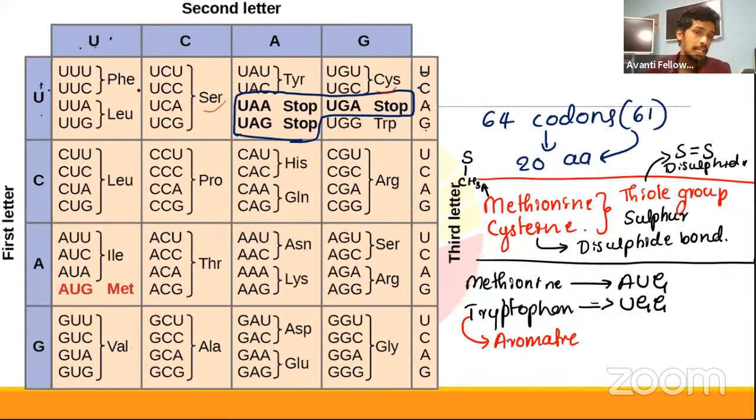But why I'm telling you to remember it this way is that even if they give you an mRNA strand, if you remember it in this fashion, you can find out which amino acids it will give rise to. U means phenylalanine, GGG means glycine, that kind of thing.